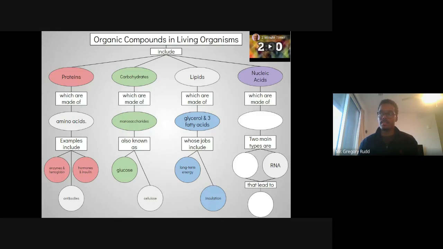What's the monomer of a nucleic acid? Or the building block or the subunit? All mean the same thing. Good. A nucleotide. Thank you, Melissa. If RNA is one of the main types, then the other main type must be DNA. Thank you, Janelle. And that ultimately will lead to genes and then proteins.